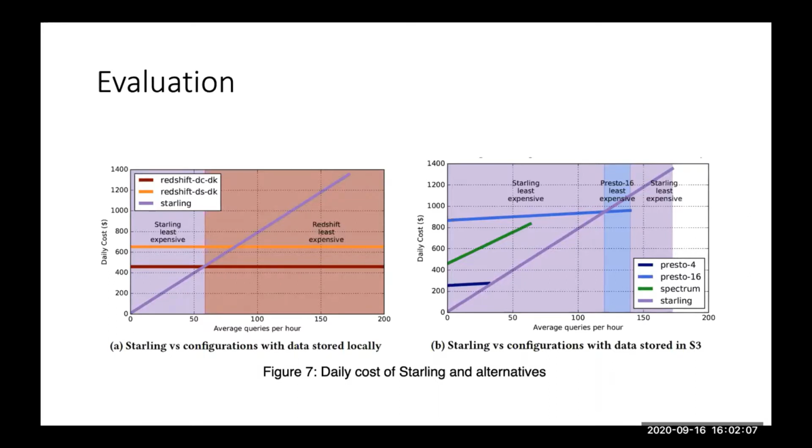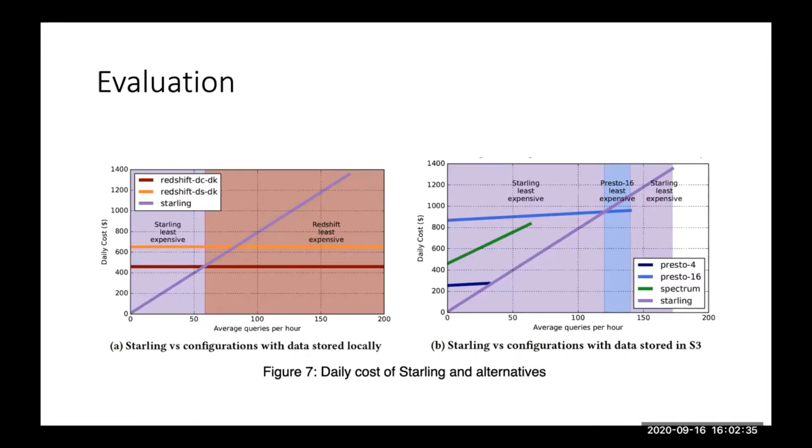On the right is a similar figure, but in that they compare two other systems, Spectrum and Presto. Presto 4 and Presto 16 are a 4 worker deployment and a 16 worker deployment, and Spectrum is Redshift, but with an additional optimization that is similar to Starling.